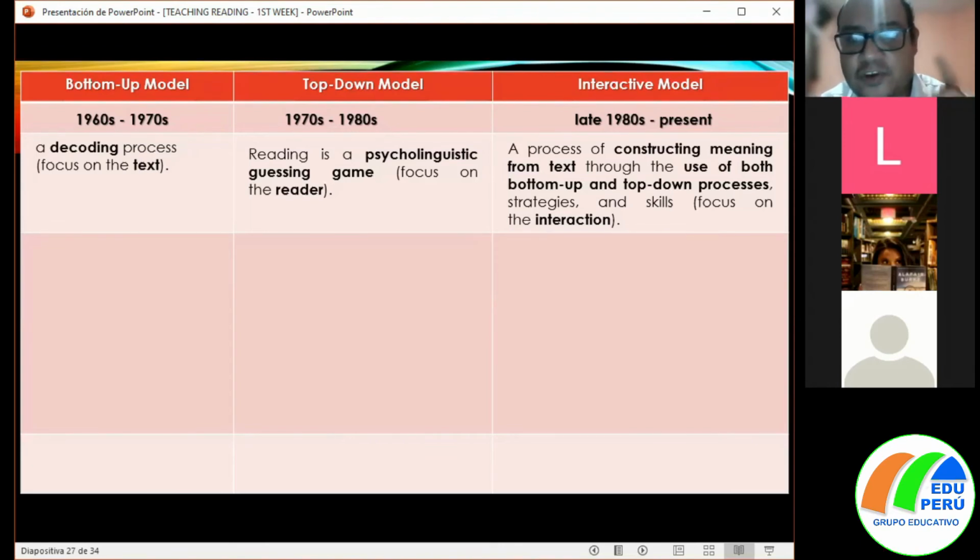And it's focused on the interaction. So you're going to use both. You use some strategies or skills related to the bottom-up, and then some related to the top-down. You construct the meaning from the text using both models.